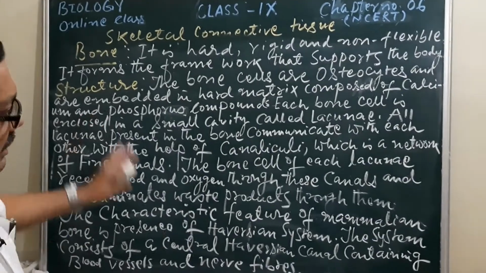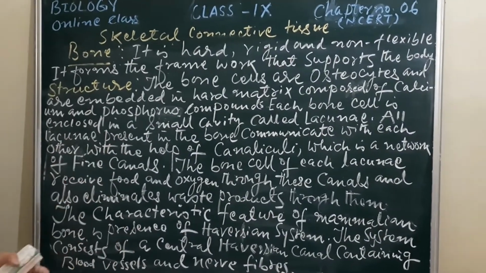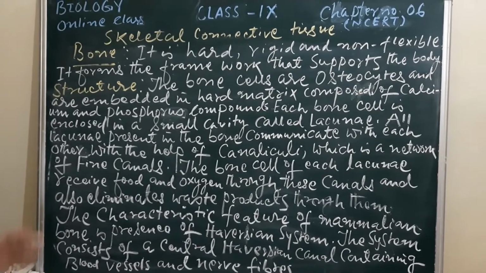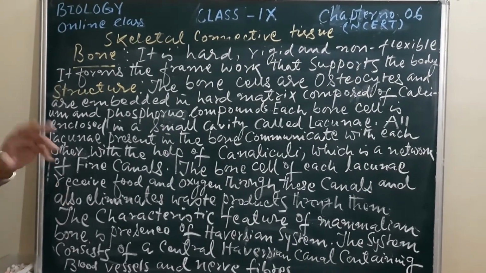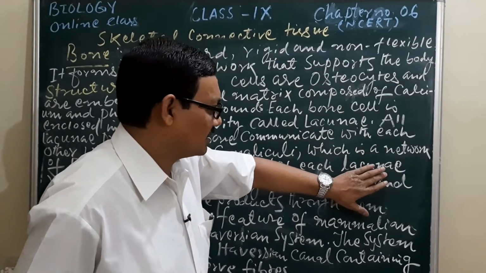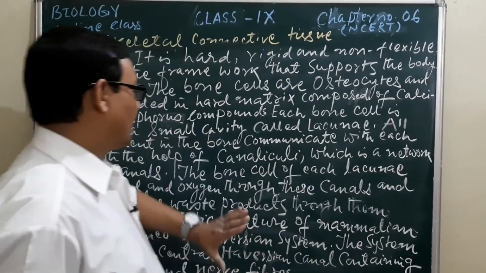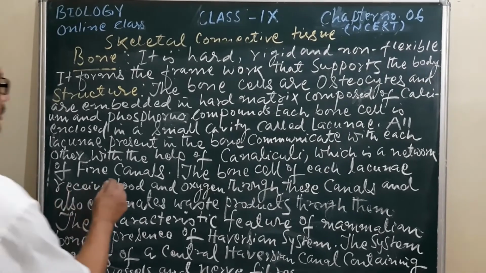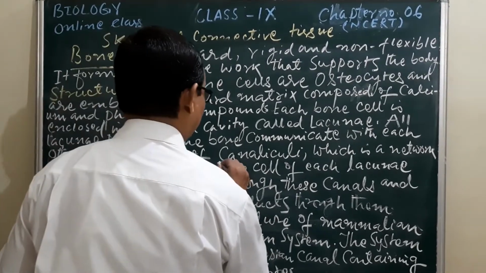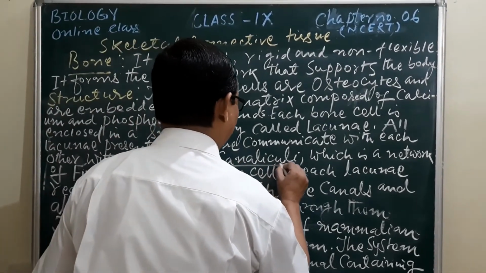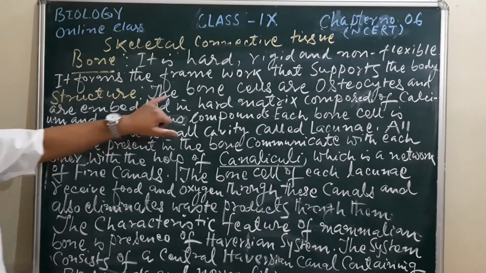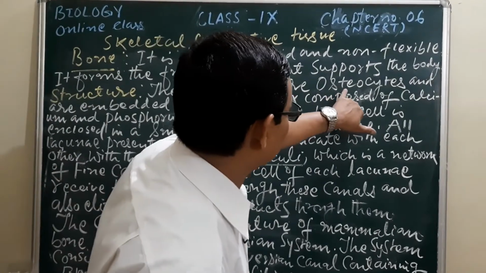In the structure of the bone, you may see something special besides the lacunae, that is a cavity, and also there is the presence of fine canals, that is the canaliculi. May you see here, the bone cells are osteocytes.